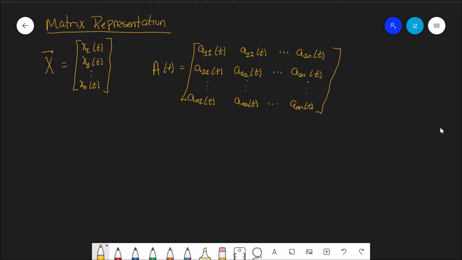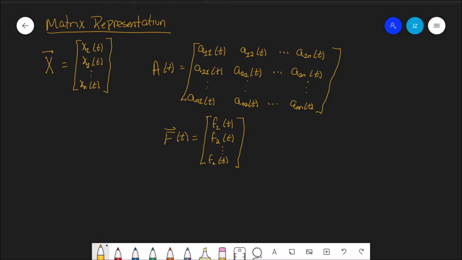And then we let f of t be the vector of constant functions. It's the vector of all the f's.